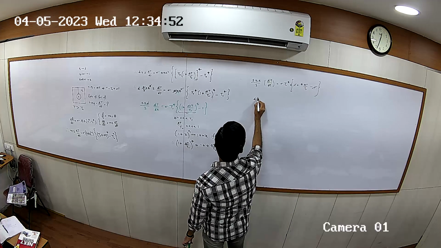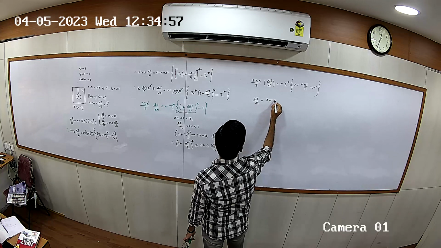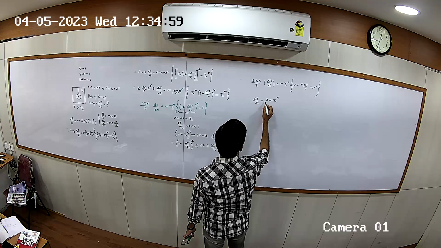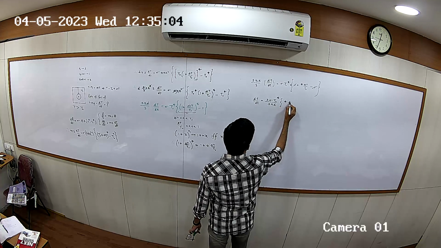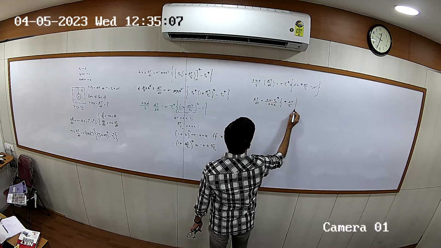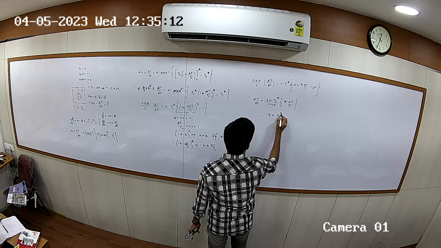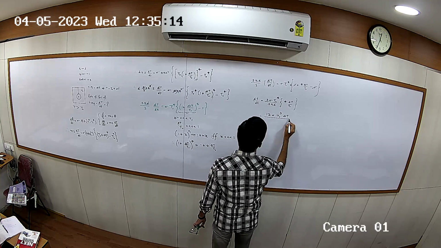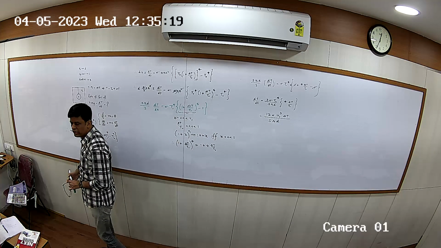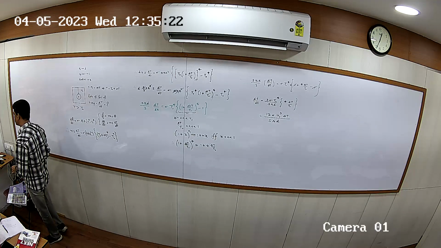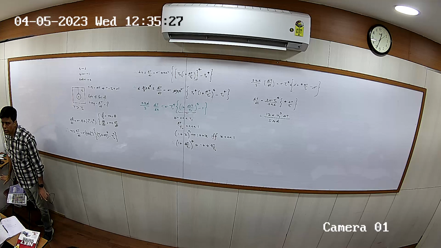So d theta by dt is equal to 3 sigma T naught raised to 4 upon s r d, into 4 delta T by T naught. 4 into 3, 12 sigma T naught cube delta T upon s r d. Is it clear? Yes or no? Clear?